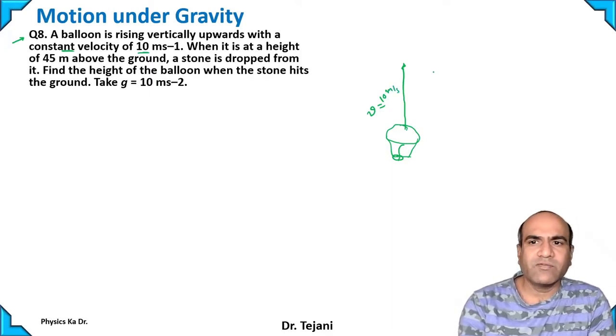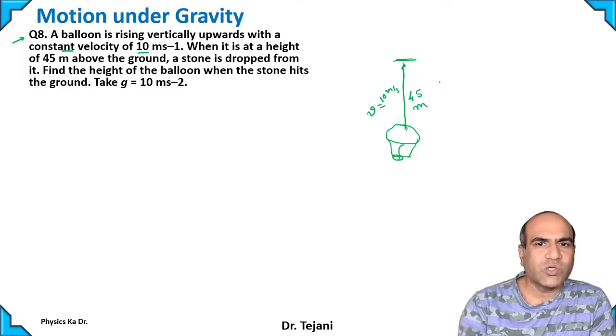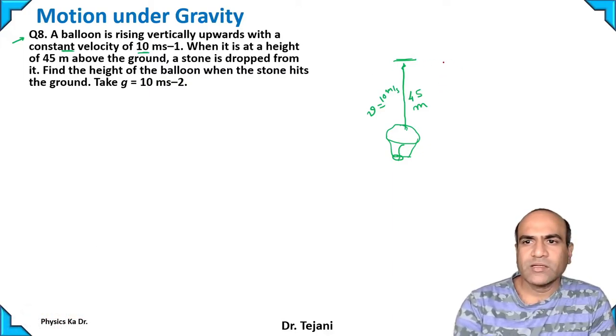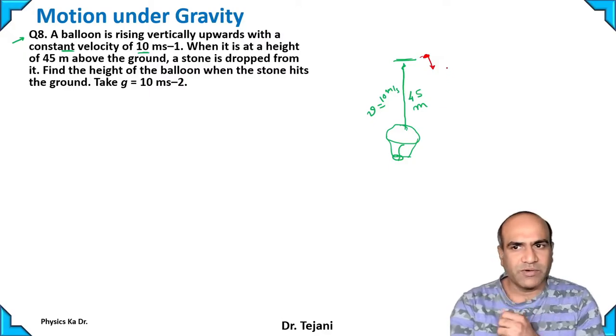When it is at height 45 meter above the ground, a stone is dropped. Somewhere here, stone is dropped, and it is moving towards ground because of gravity.